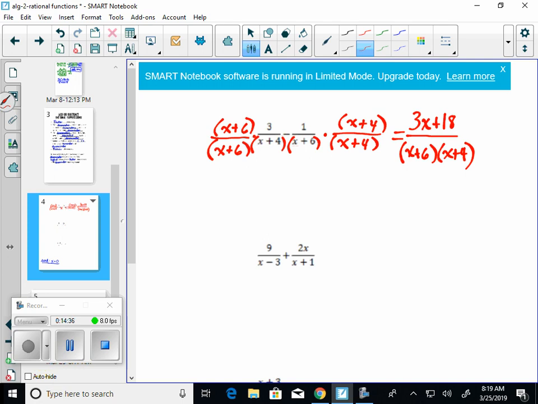And then let's do, it's minus, now I have 1 times x plus 4. So distribute that through. So 1 times x is x, and 1 times 4 is 4. And that's going to go over the same denominator, x plus 6 times x plus 4. Oh, not enough room.